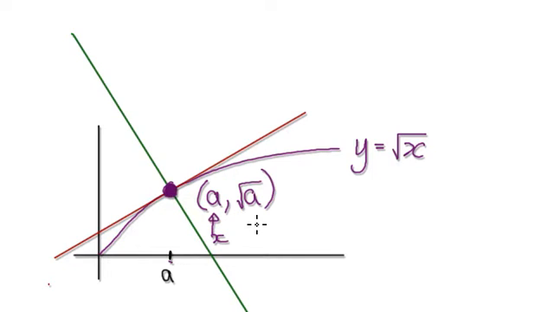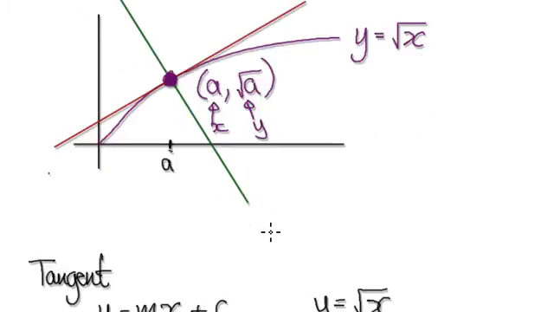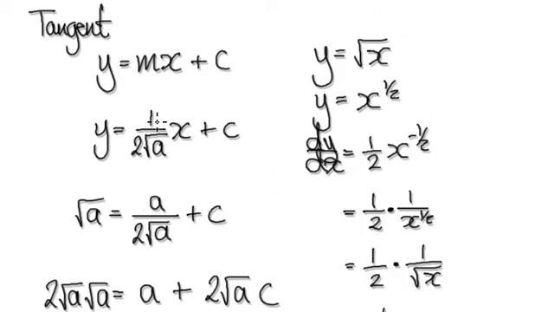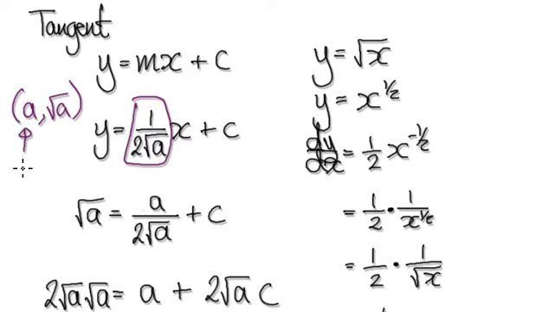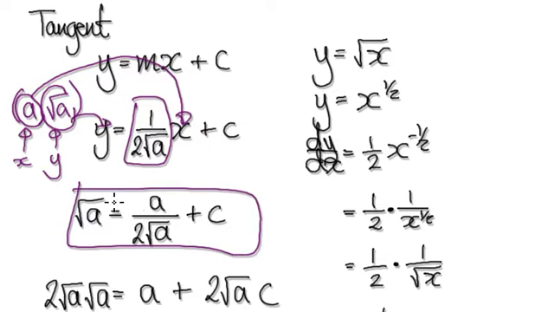So this is your x. This here is your y. So you know the gradient, and you want to know the intercept. You know it passes through one particular point, a, root a. So now put this into the x. Put this into the y. That will then take you to here.